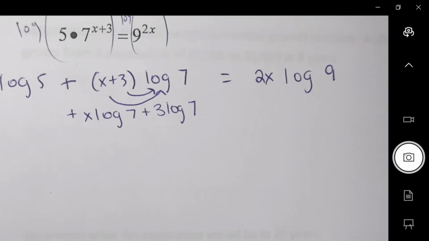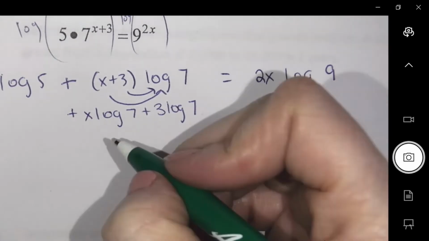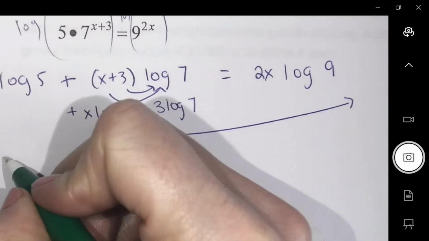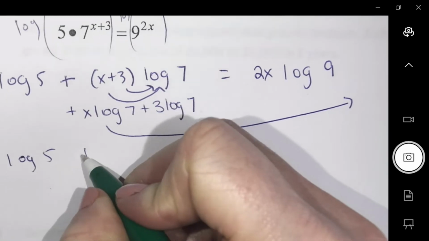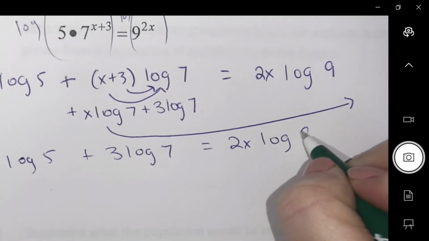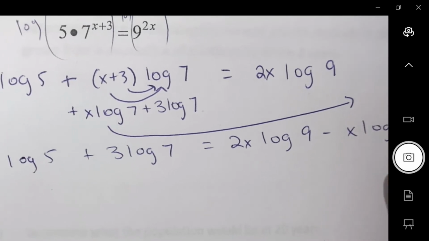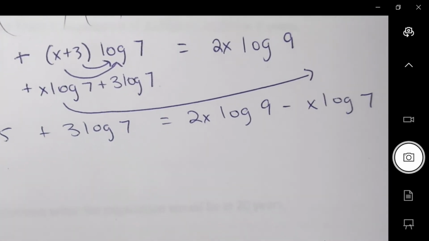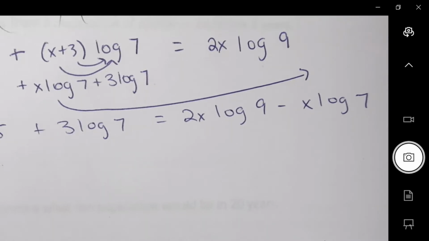Okay, now when you look at it, everything with an x in it needs to be on one side, and if it doesn't have an x, it will be on the other side. How come we don't have to FOIL out the 2x?